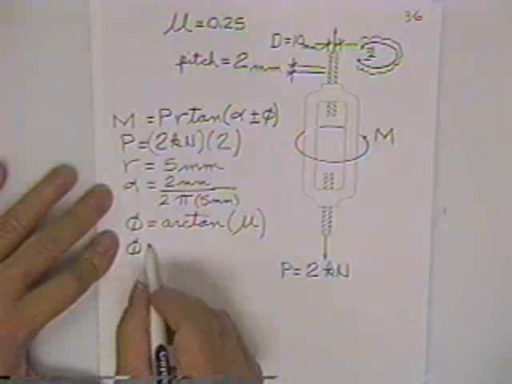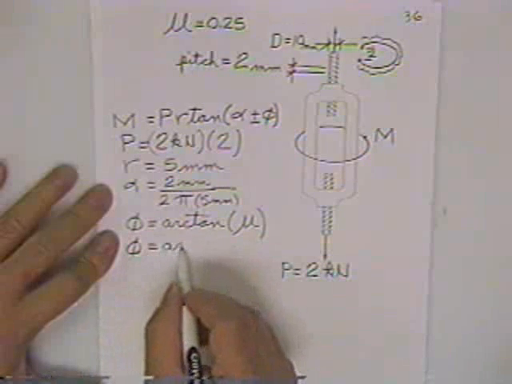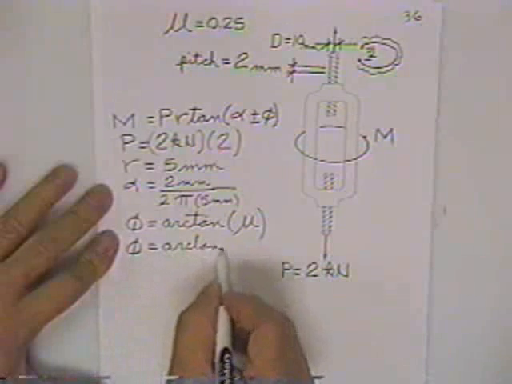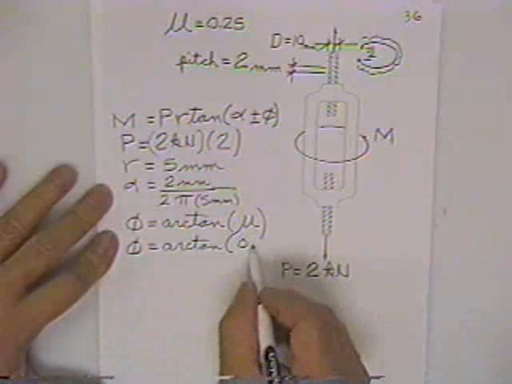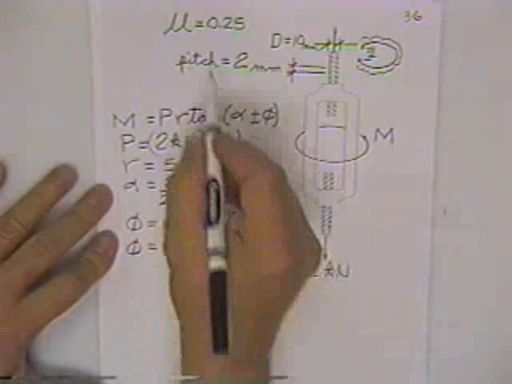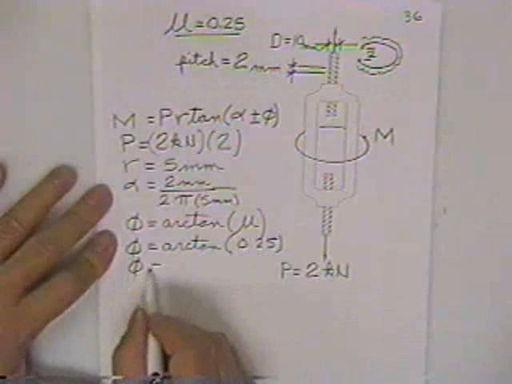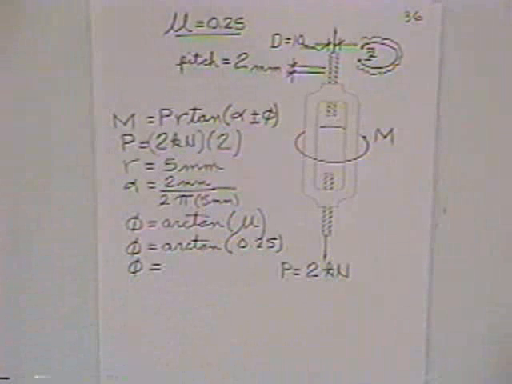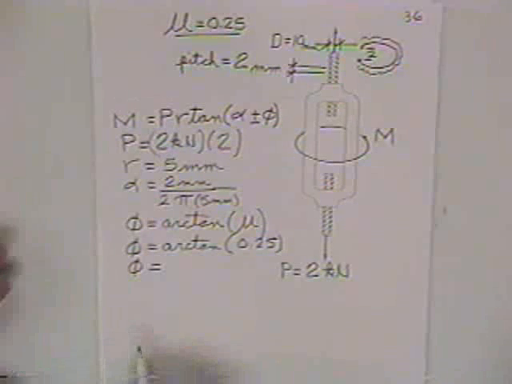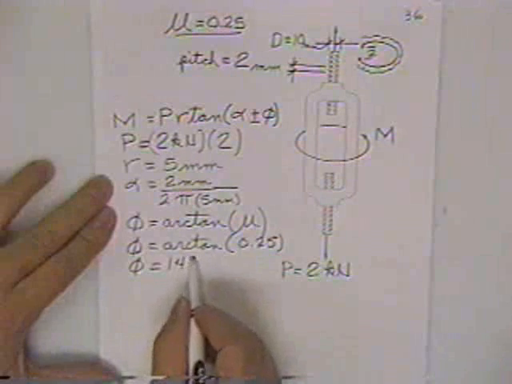In our case, phi is the arc tan of 0.25. That's the specified coefficient of friction. And that angle is equal to, we went ahead and worked it out, 14 degrees.